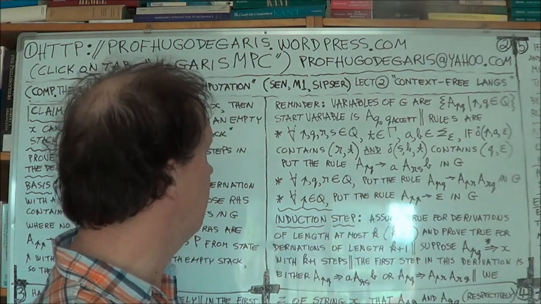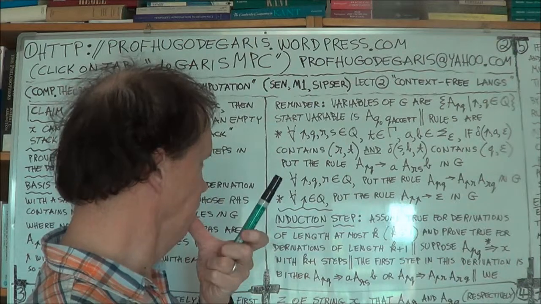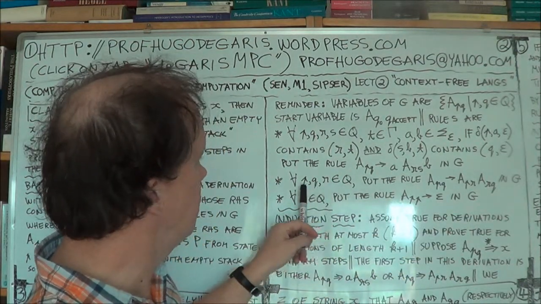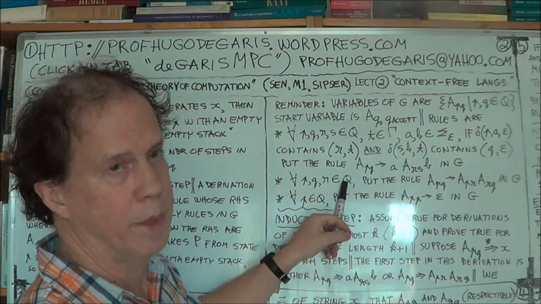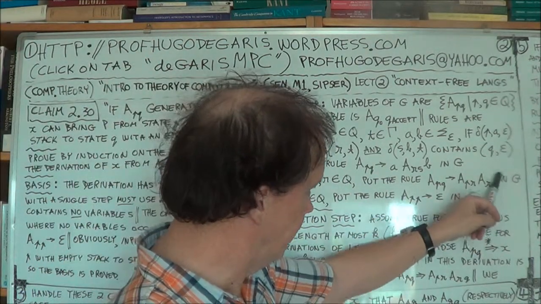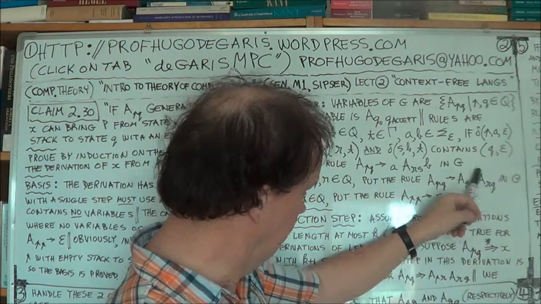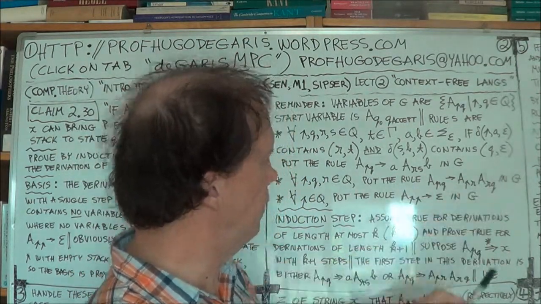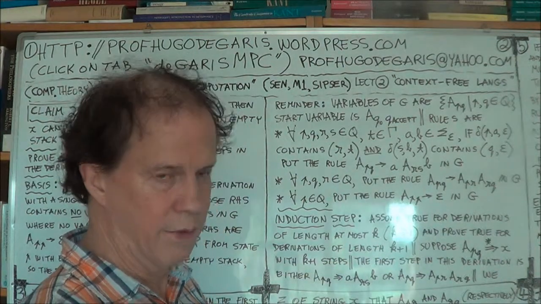That's going to be an awfully large number of these sort of rules. Okay. Also, for all P, Q, and R, these are all states belonging to your PDA, put this in your set of rules in your grammar. And remember, these A's, they're variables.